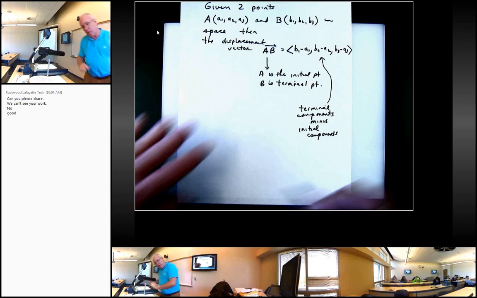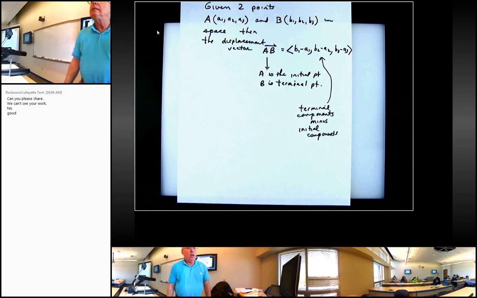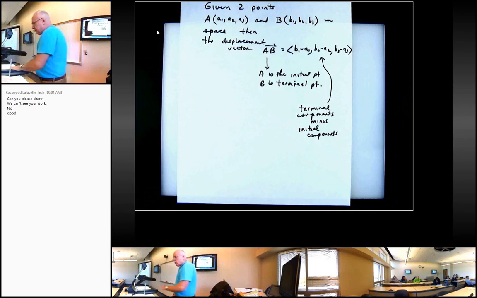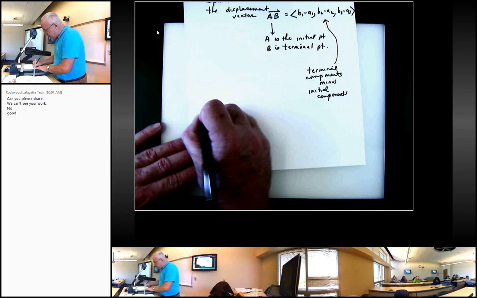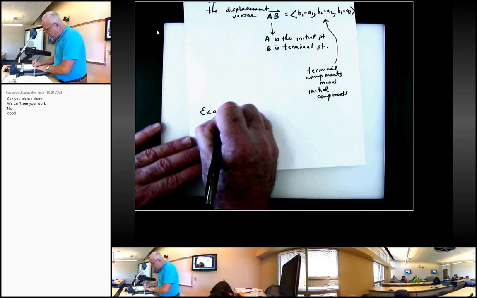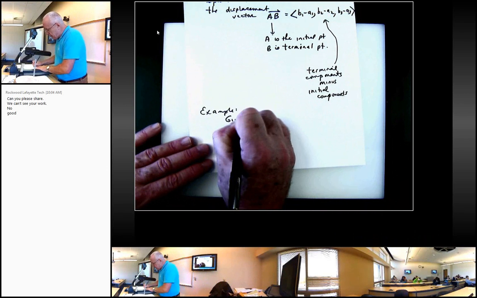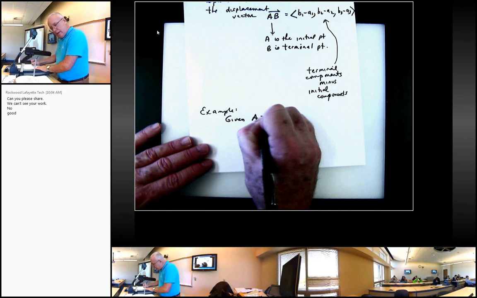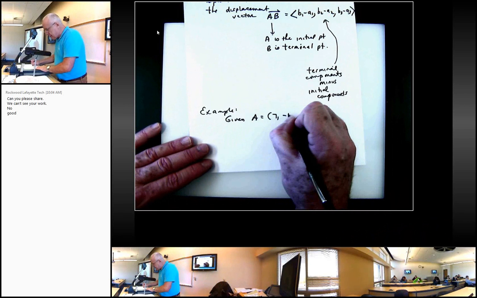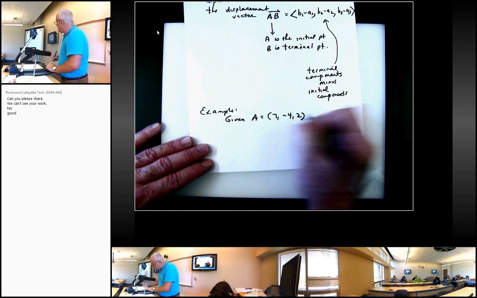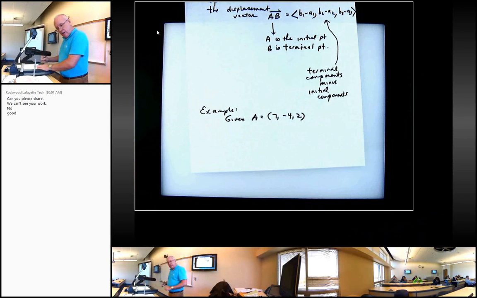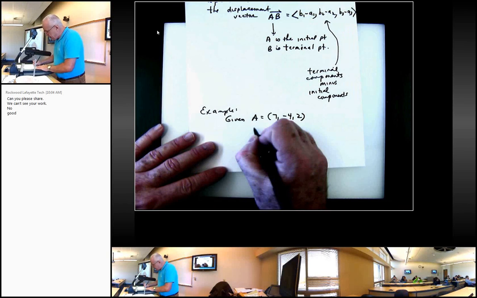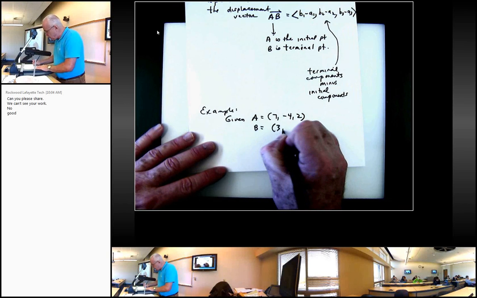Alrighty. So I'll do one simple example here. Say we're given that point A is equal to (7, -4, 2), again using parentheses, and point B is equal to (3, 2, 1).